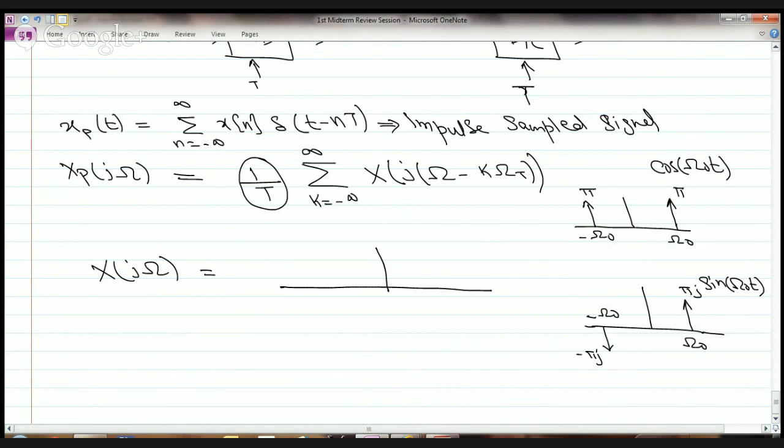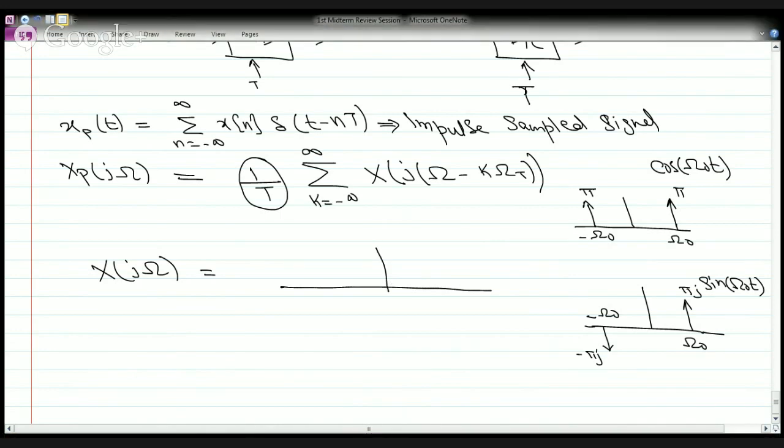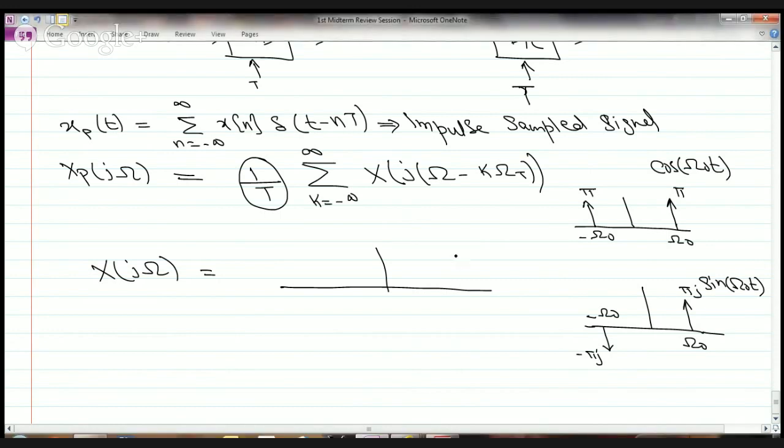I just want to find the value. So you have a cosine of magnitude 3 at 8,000 pi. So at 8,000 pi, you have 3 pi.